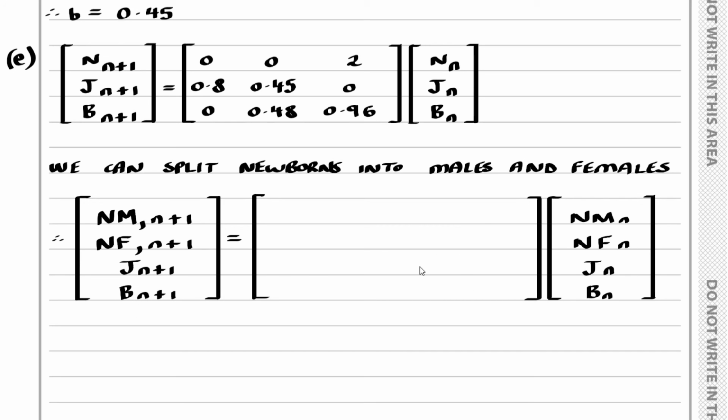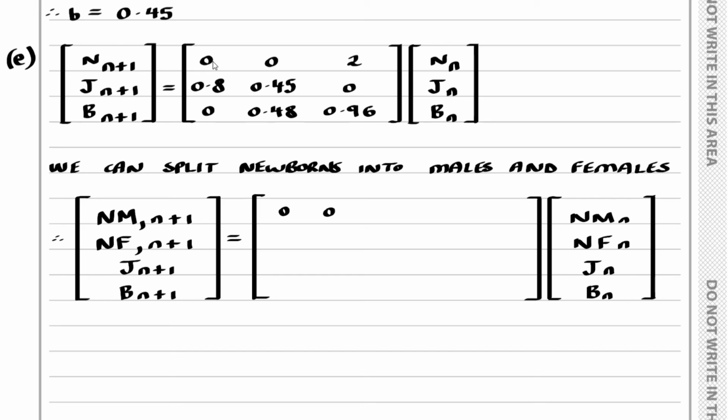We're going to determine this 4 by 4 matrix multiplied by newborn males n, newborn females n, juveniles n, and bn. Now this 0 and this 0, those are going to stay the same. And the reason for that is we've got the 0 times the newborns, but this newborns is split up into 2 parts, 42% male and 58% female.